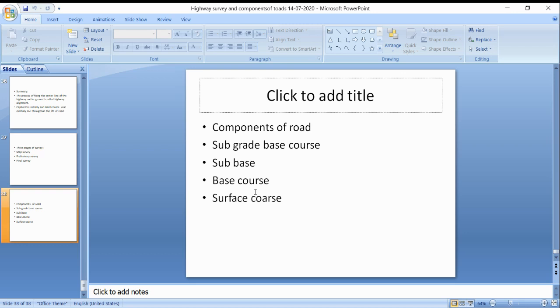The ruling gradient should not be more, because if it is more, there is a chance of accident and skidding of the vehicle, and it makes uncomfortable traveling. So we have to see the gradient also.